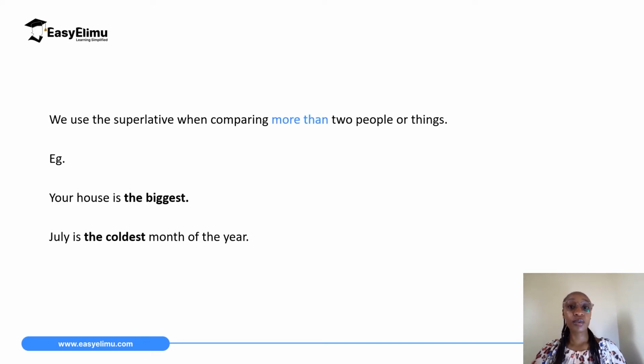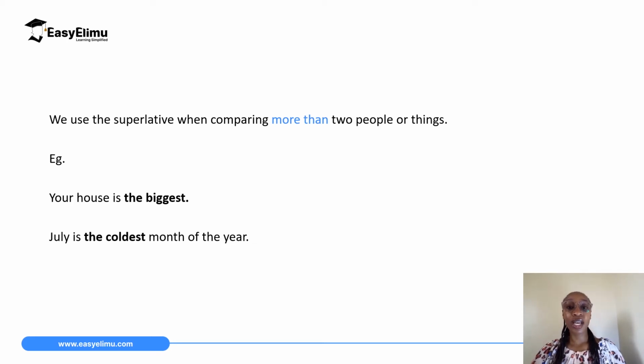And then we use the superlative when we are comparing more than two people or more than two things. So let's say you're looking at maybe four houses. You look at them and then you say, this house is the biggest. This house is the smallest.